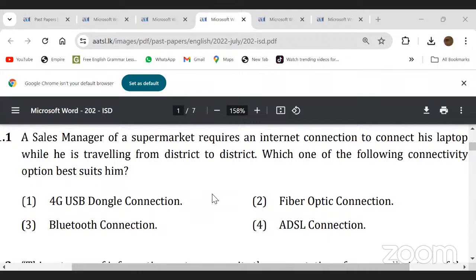Bluetooth connections we use for nearby devices like two mobile phones, or one mobile phone and a laptop, but that is not a reliable connection. ADSL connection is asymmetric digital subscriber line. That is also not possible to use when the manager is traveling. Then the correct connection is the 4G USB dongle connection. Sometimes this will be given as HSPA, high speed packet access.